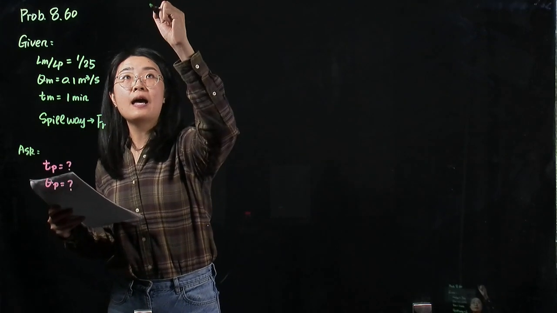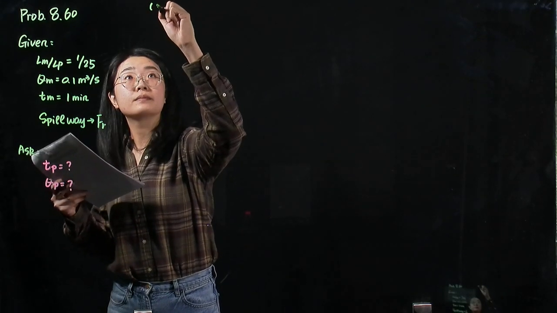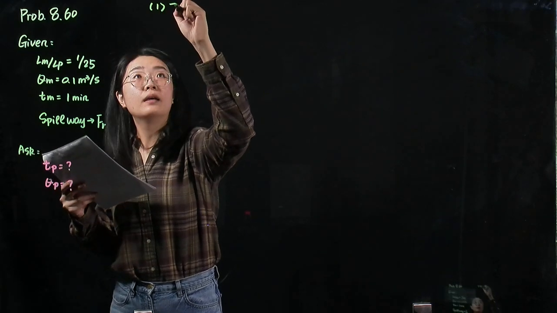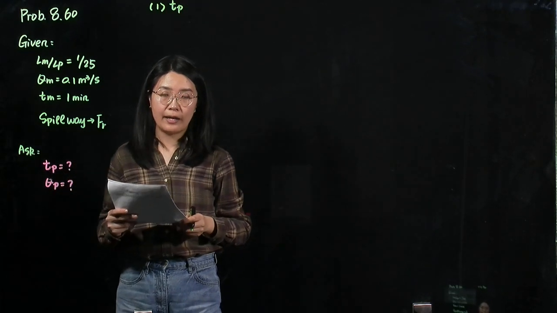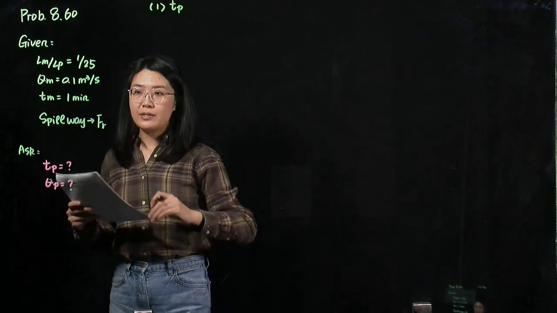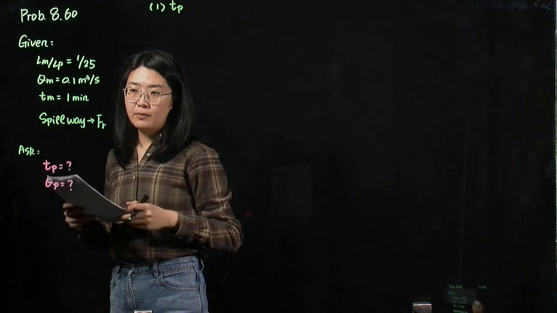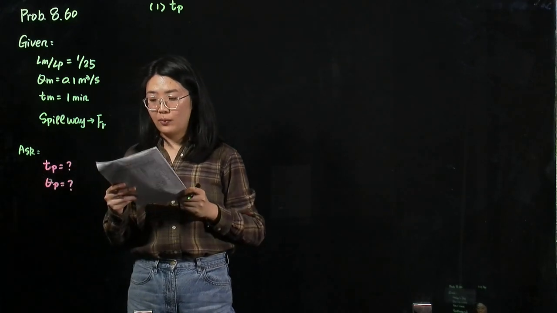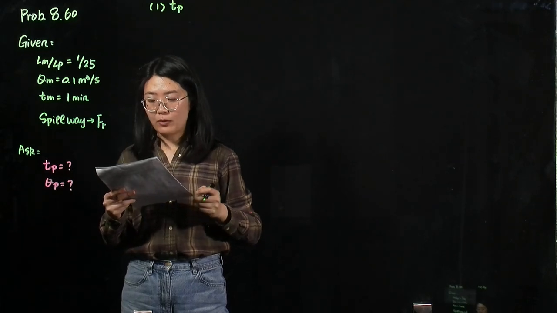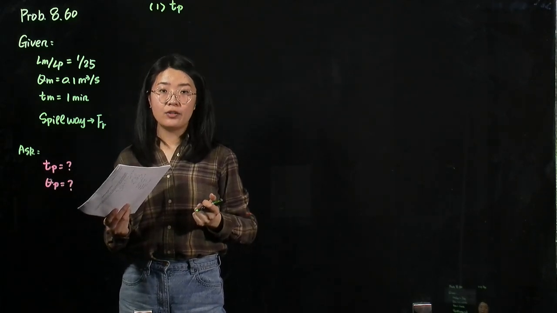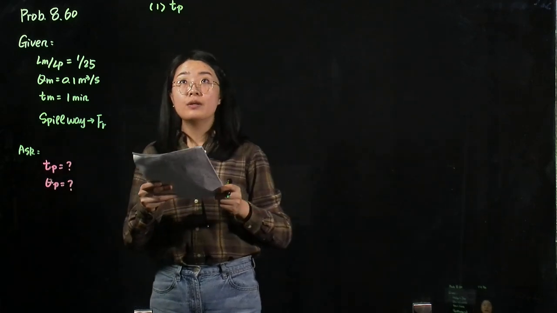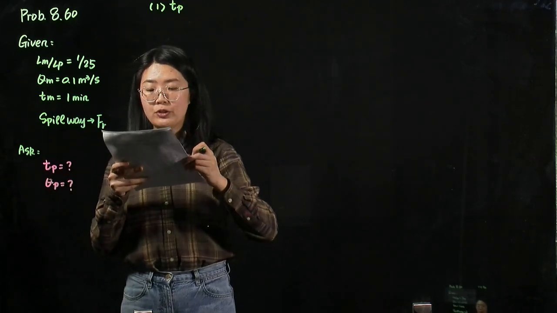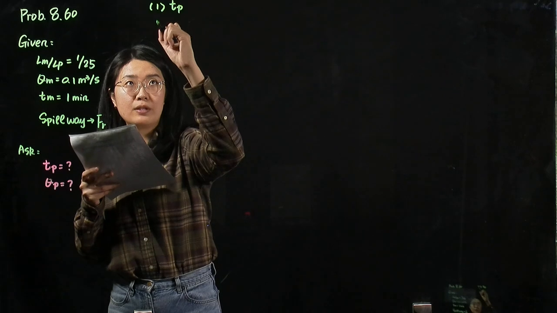So we know the time is involved in the velocity, right? And because it is a spillway in this problem, it is gravitational force dominated. Therefore, we need to match the Froude number first. So the Froude number should be the same in these two situations.